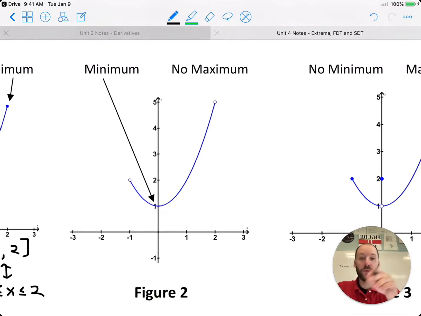Example 2, we have two open circles at each end of the interval. So this is parentheses, -1 to 2. So that's the exclusive interval, or the open. You're excluding, not including, the endpoints.